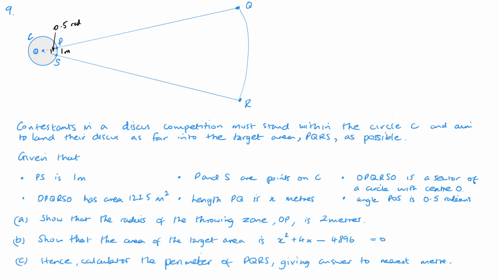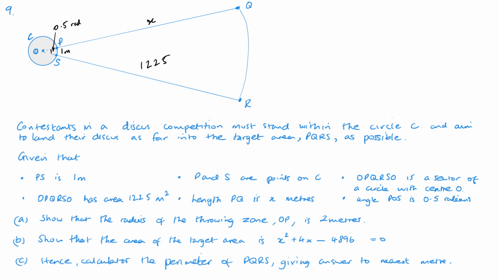PQ is X. So this is X. OQRO is 1225. That's about it. So we need to show that the radius OP is 2 meters.